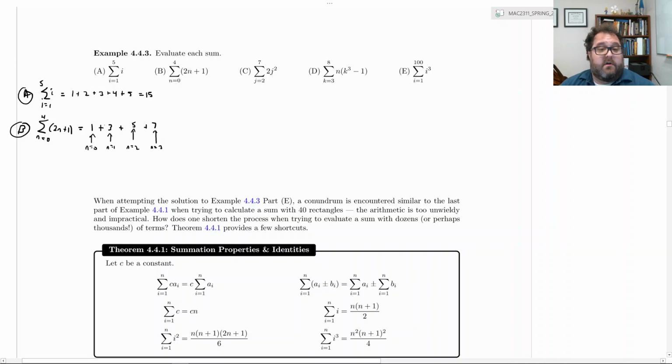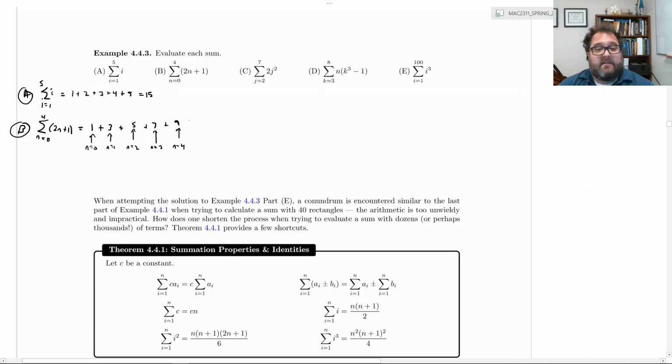Now you might notice a pattern here. It looks like these are all the odd integers. All right, plug in a 4. We have 4 times 2 is 8, plus 1 is 9. So 2n plus 1 is a way to represent odd integers.